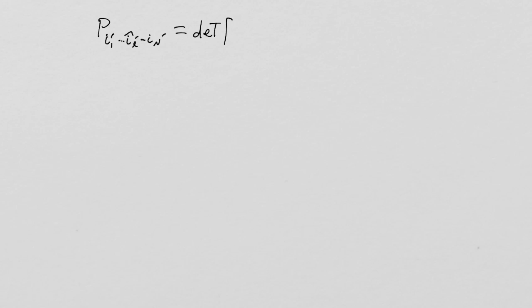It's the determinant of this covariant transformation matrix, and then I have the sum over all the sequences I1 less than ... where I omit, say, k, less than ... less than in.